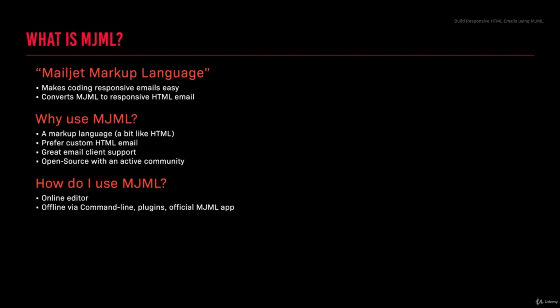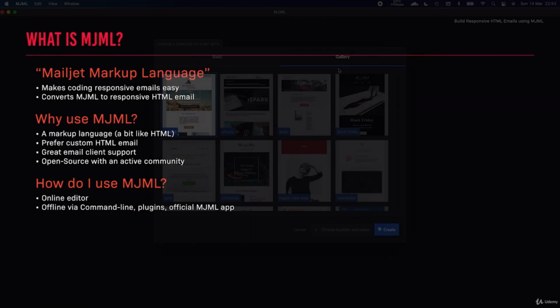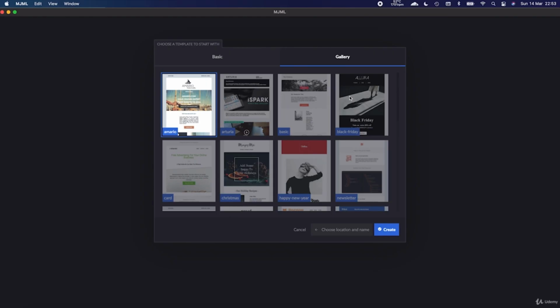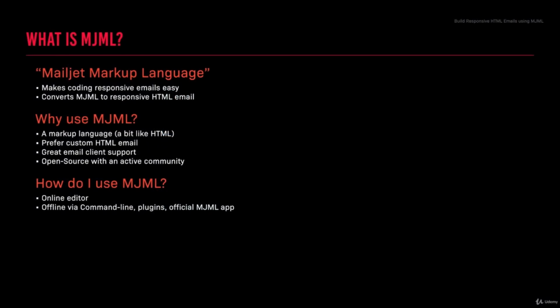So if you have it installed, you can use it via the command line or get a plugin for a popular text editor such as Atom or Sublime Text or Visual Studio Code. And then there's also the official MJML app. For this course, we'll be using the MJML app and the online editor, and these are both free.